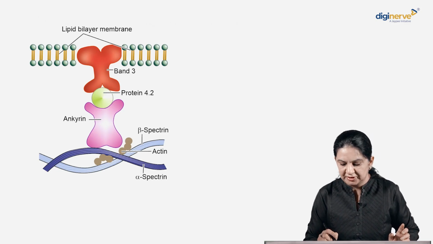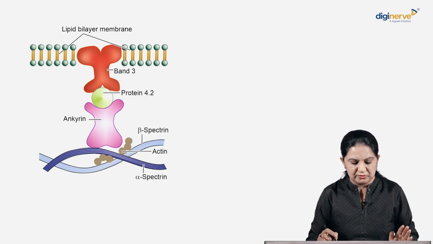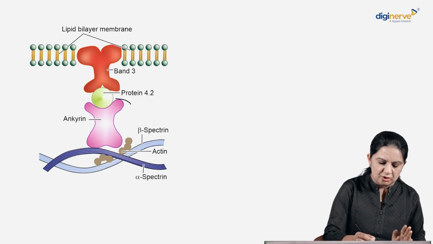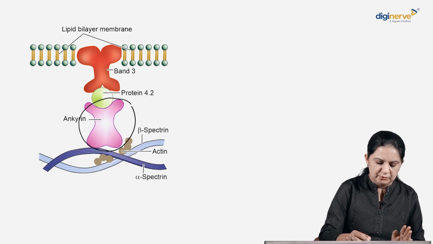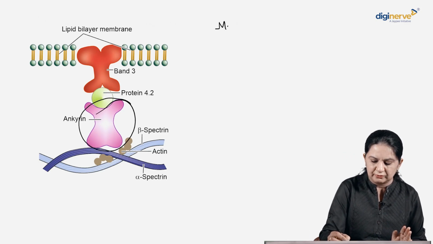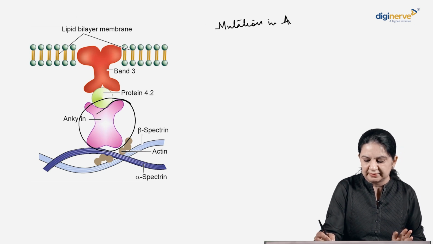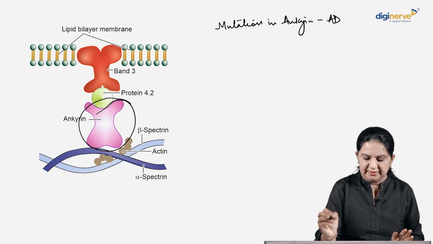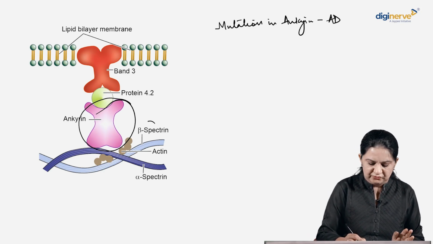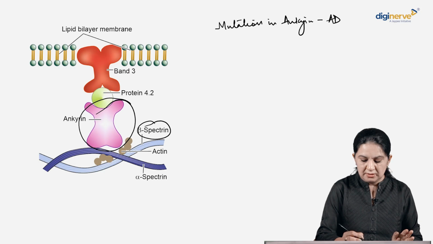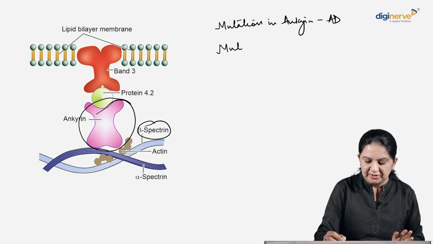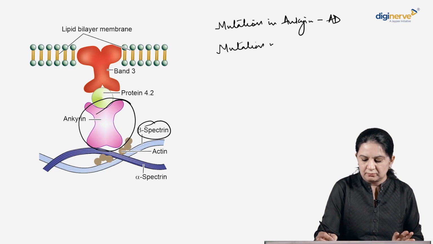Please remember that. So here in hereditary spherocytosis, the most common defect is mutation in ankyrin, and this is an autosomal dominant defect. Few patients have a defect in spectrin.